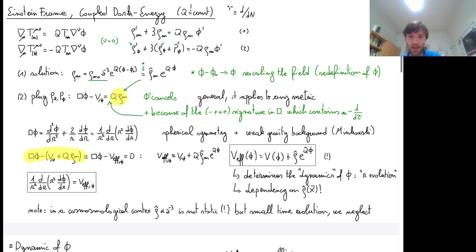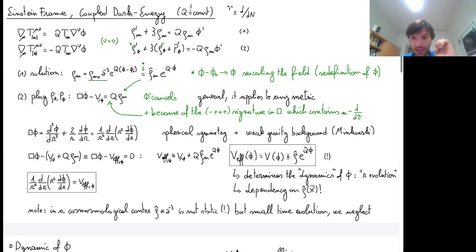And define V, phi plus Q rho, as the derivative with respect to phi of an effective potential, such that now we again have the Klein-Gordon equation, but the coupling has been absorbed in an effective potential, which is going to characterize the equation of motion of our field, and therefore the properties of our field.